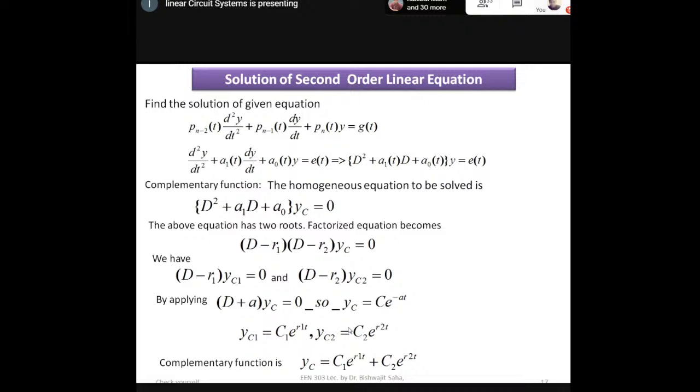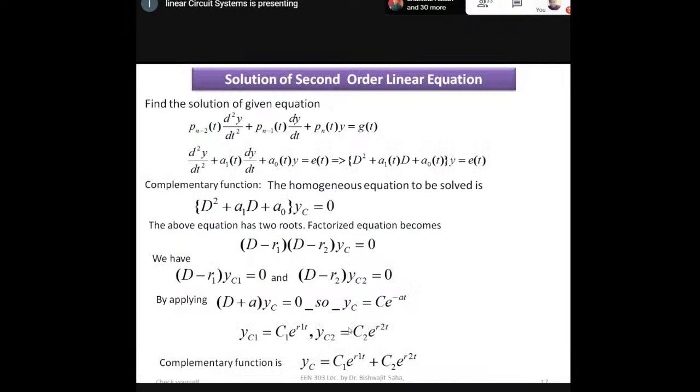Now slide 17 describes the solution of second order linear equation. In case of second order linear equation, the equation is formed by double derivative terms. It says Pn minus 2 of t d square y divided by dt square plus Pn minus 1 of t dy by dt plus Pn of t y equals g of t.